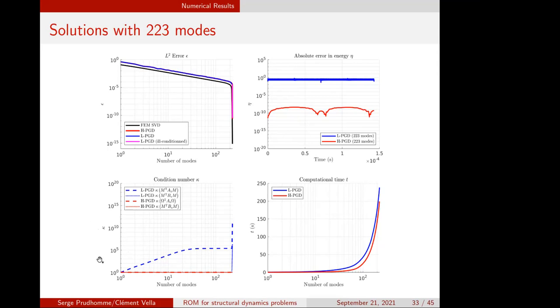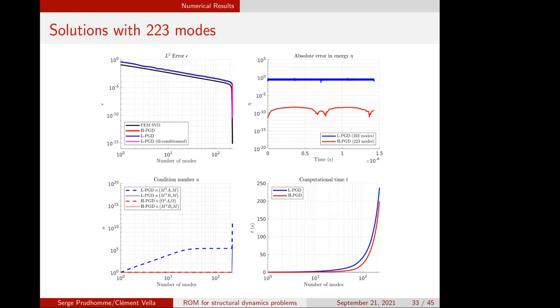In red it's for the Hamiltonian approach, in blue for the Lagrangian approach. At some point for the Lagrangian approach, it would first increase, and then it would even explode. It's going to be clearer later that this has some bad consequences.